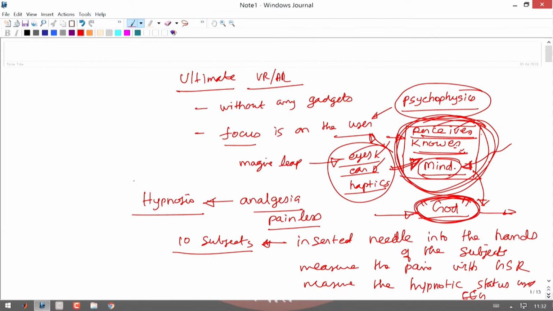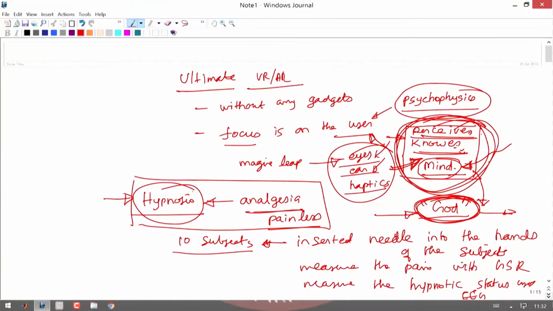So, hypnosis is true, and it leads to an analgesia effect. That was the conclusion we derived from the experiment some 10 years ago. But now, how does this hypnosis work?